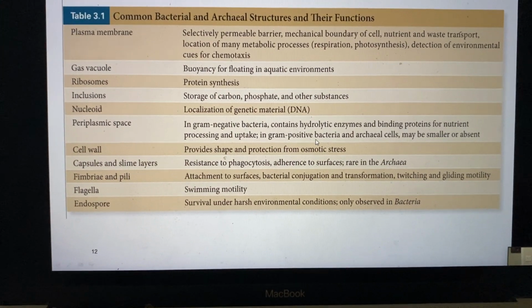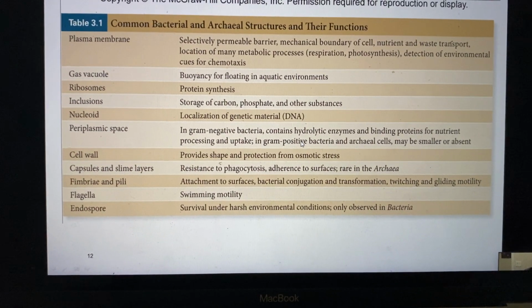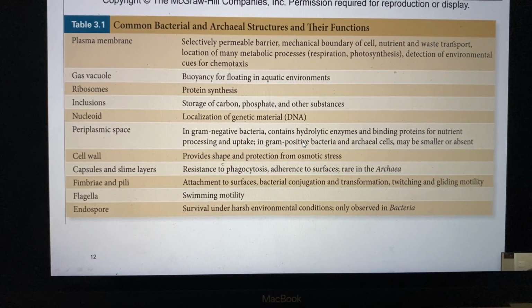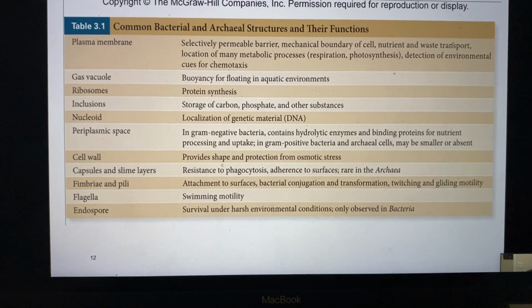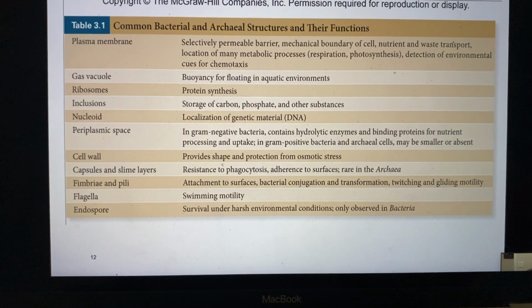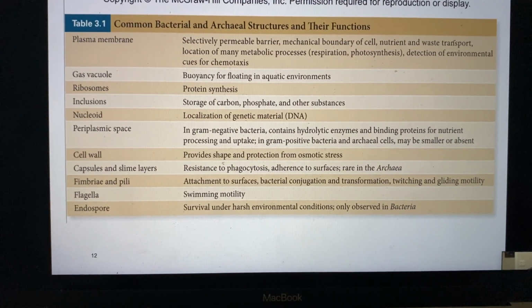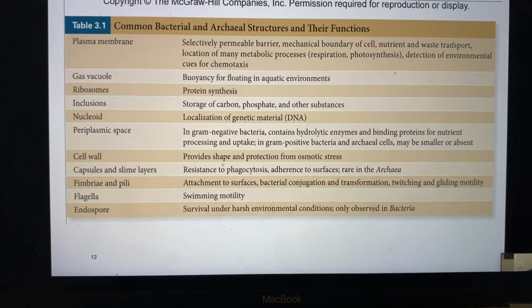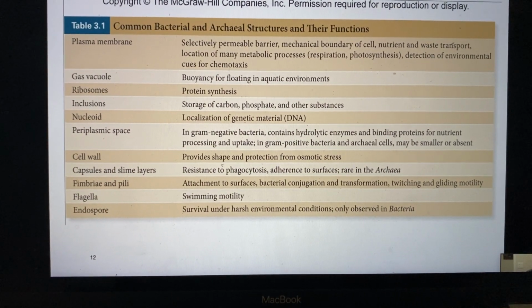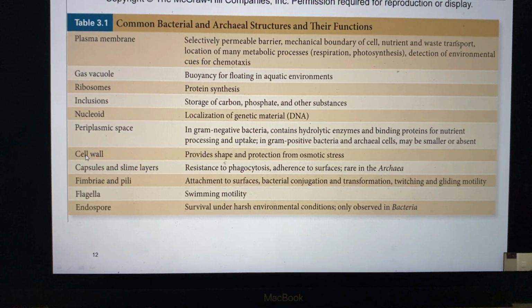So whatever is in the periplasmic area in the gram-positive bacteria has to be somehow hooked up or attached to the peptidoglycan. Otherwise, that will float away as an exotoxin or an exoenzyme or whatever it is, right?